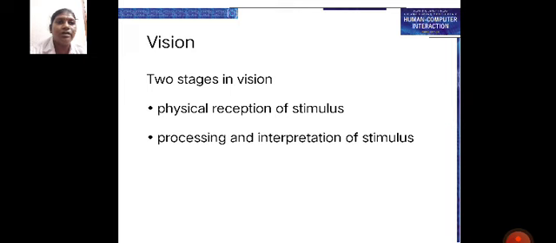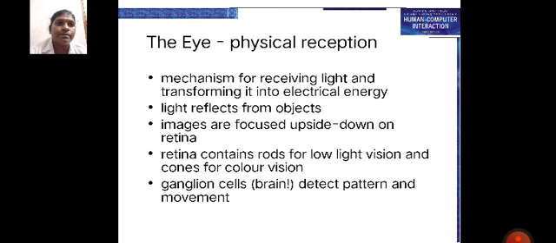There are two stages in vision: physical reception of stimulus, and processing and interpretation of stimulus. In the aspect of visual, we see the eye, which is the physical reception mechanism for receiving light and transforming it into electrical energy, so that we can see light and the images in front of our eyes.